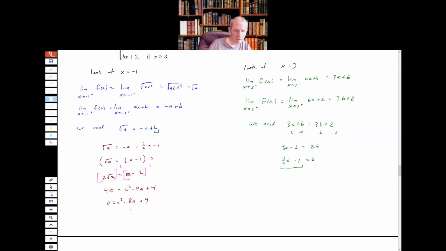Okay. And now, if this factors nicely, I can factor it. I think in this case, though, we're out of luck. I don't think that this is going to end up factoring nicely. So I'm going to use the quadratic formula. So I get that a is the opposite of -8, so 8 plus or minus the square root of -8 squared minus 4 times 1 times 4, all over 2 times 1.